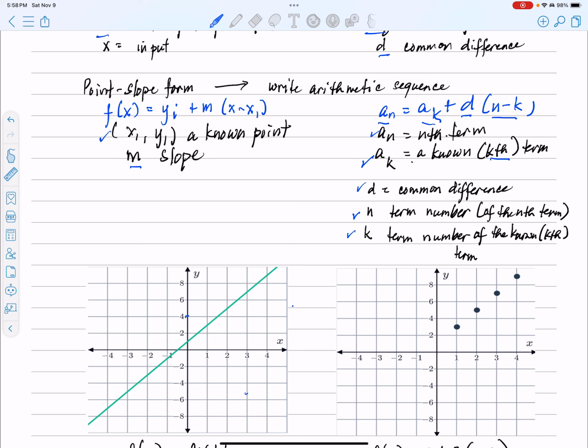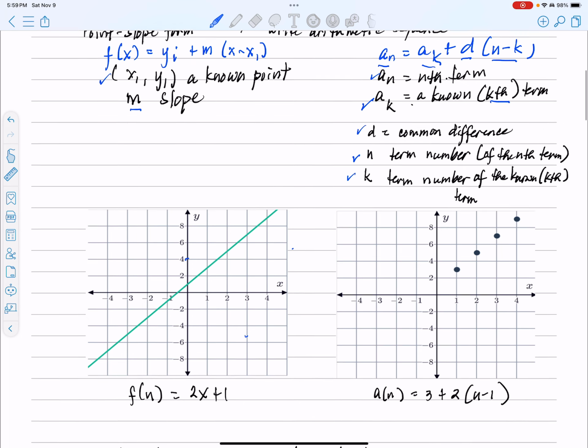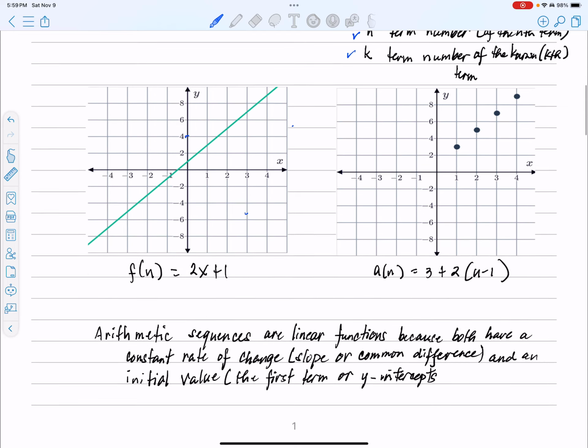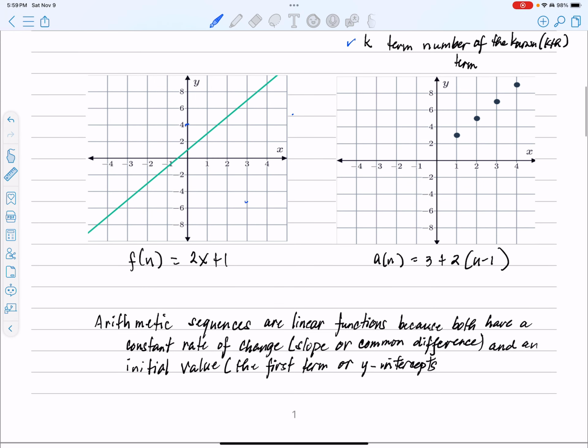Okay. By looking at the graph, we can have this graph as f of n equals 2x plus 1, where you can see the y-intercept here. In this graph, the y-intercept is 1.